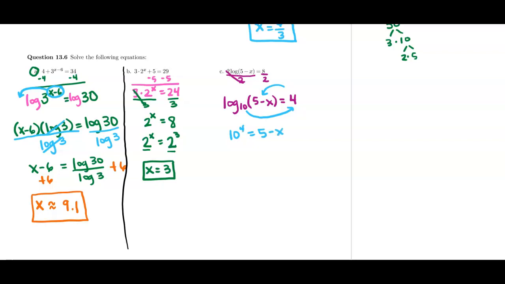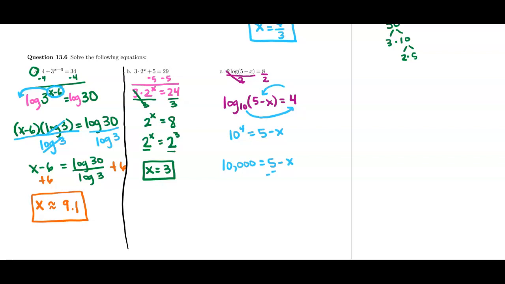Well, 10 to the fourth, since it's powers of 10, is saying we're multiplying 10 four times, which ends up being 10,000. So 10,000 equals 5 minus x.